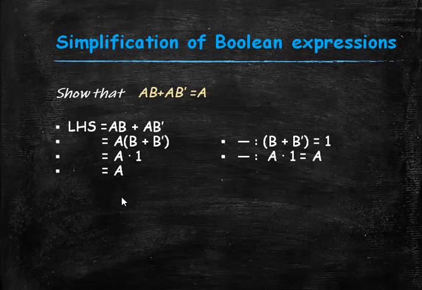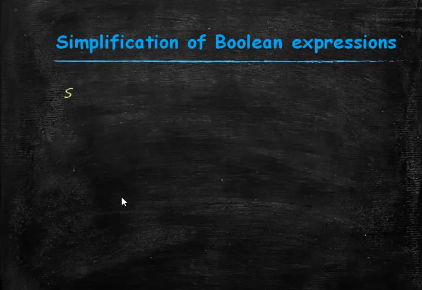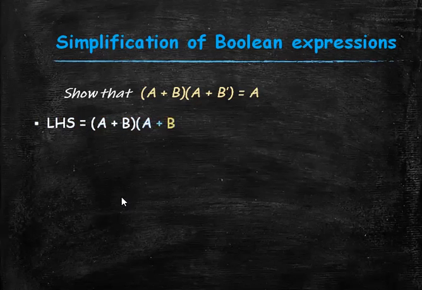Next, its dual, that is show that A or B and A or B bar is equal to A. We multiply both, then we get A and A, or A and B, or A and B bar, or B and B bar.